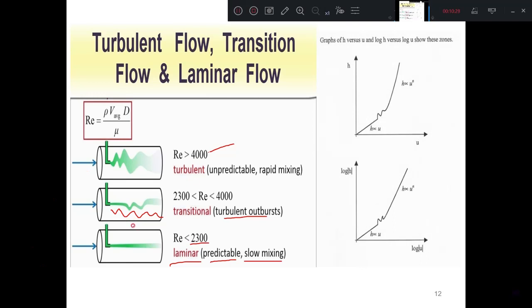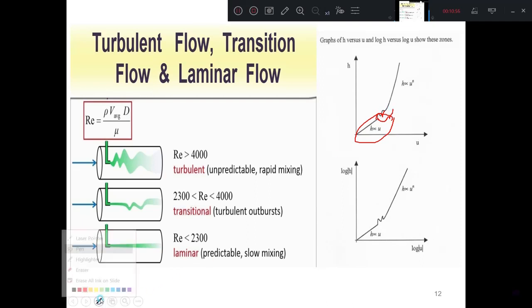You can look at the graph here, head loss hf versus the velocity. Up to here it is laminar flow, and here it is wavy, meaning there is a transition. Up to here is laminar and up to here is a transition, then it is turbulent.